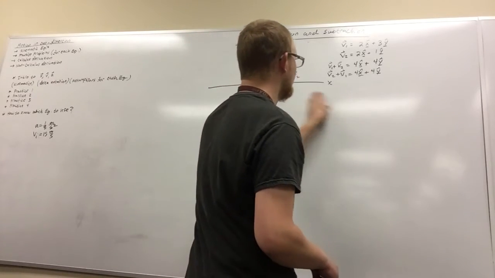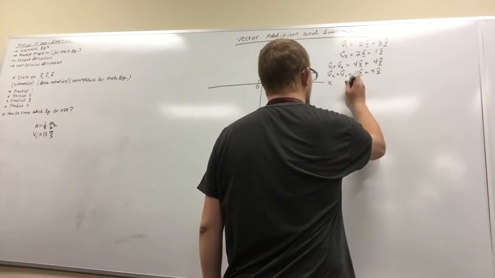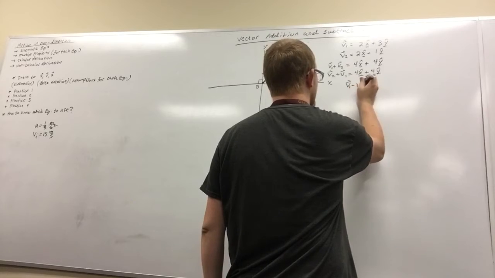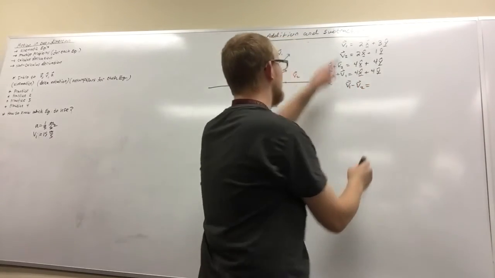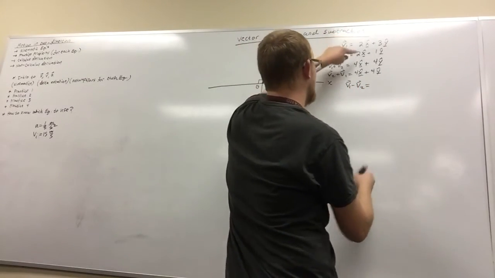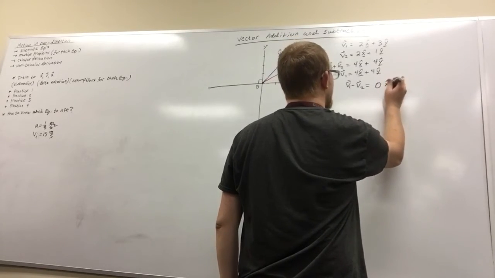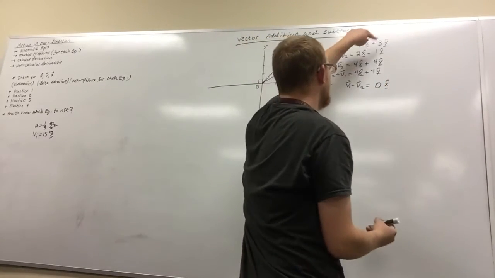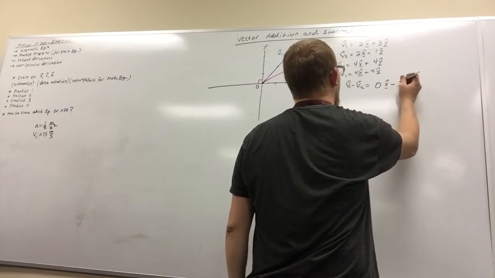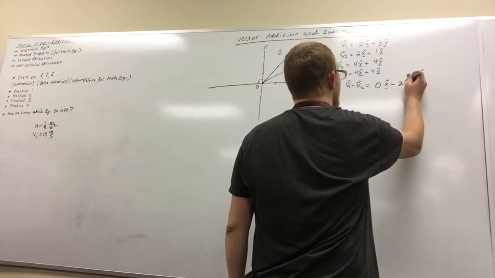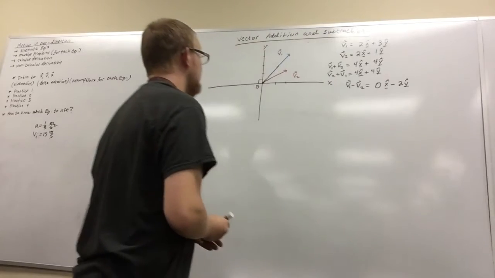Alright, so what happens when I take v1 minus v2? So v1 minus v2, that's 2x minus 2x, that's 0 in the x hat direction. 3 minus 1 y hat unit vectors is 2 y hat unit vectors.